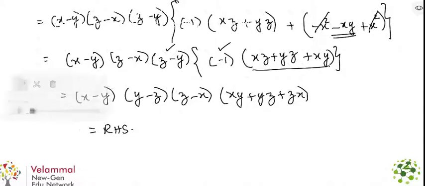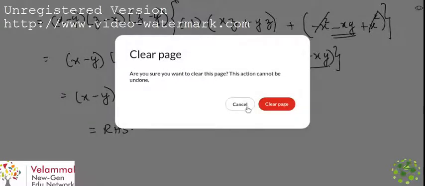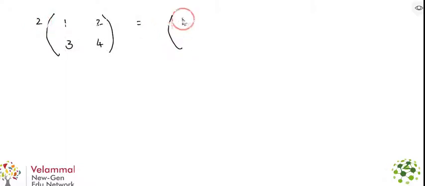Now we are going to do one more concept in this, very important. It comes in 1 mark for you all the time. Suppose you know if the matrix is 1 2 3 4, if I multiply this by 2, what will I get? 2 4 6 8.